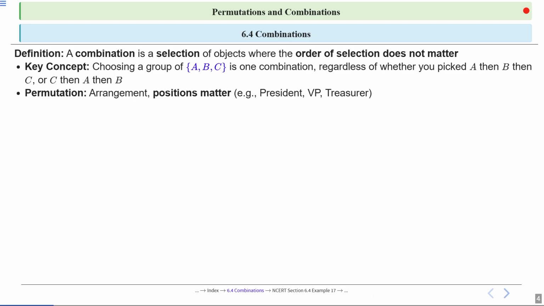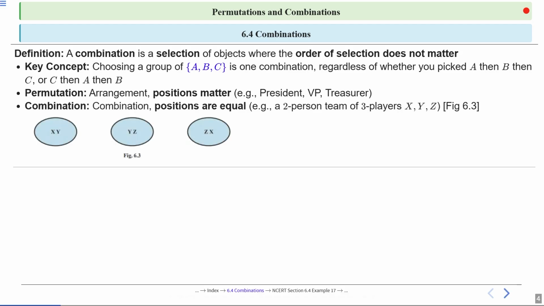But in permutation, order matters. For example, 1 2 and 2 1 are different for permutation, but in combinations, order doesn't matter.